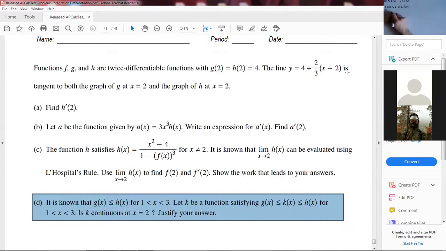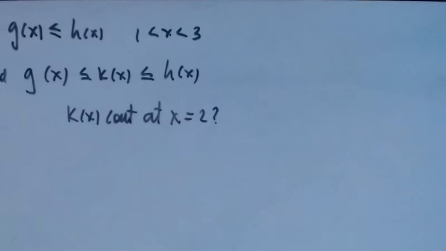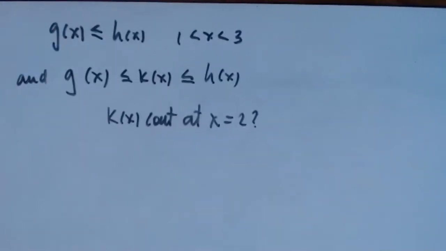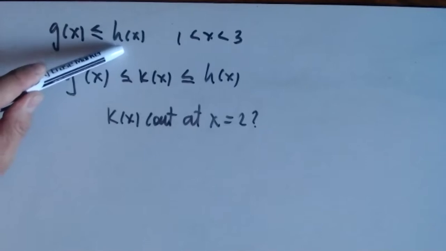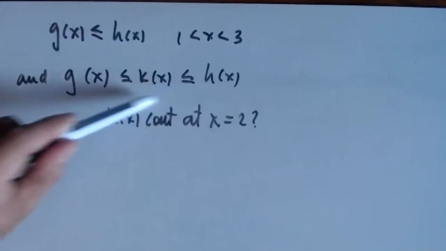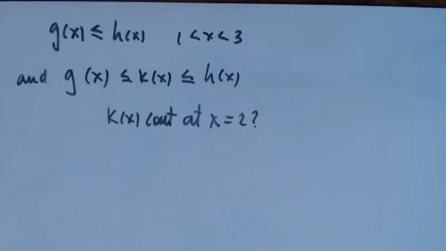So k of x continuous at x equals 2, I mean. Okay, let's see. This is what we have, correct? These are my assumptions. These two functions, one is less or equal than the other one. The g is always below the h, and you have a second function that is always between these two.